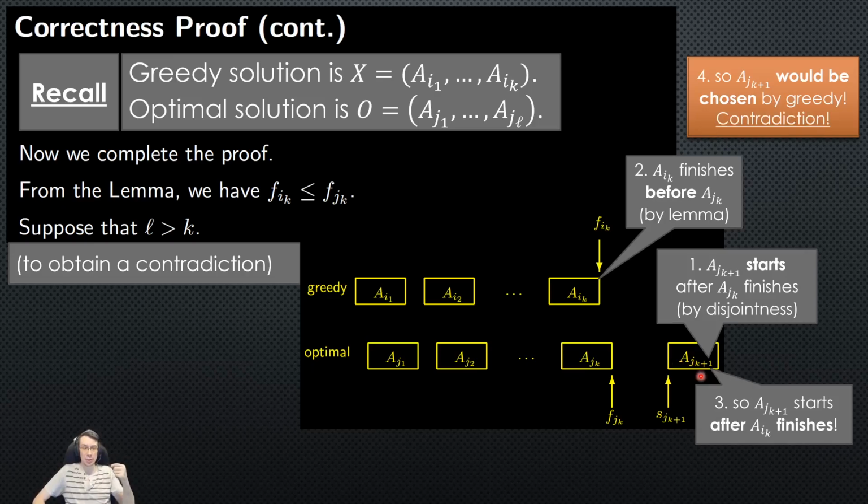This is a contradiction. The only thing we've assumed at this point is that L is greater than K. So the fact that we arrived necessarily at a contradiction means that the only thing we assumed, L greater than K, must be false. So L must be less than or equal to K. And of course, that tells us that this solution can't be better than X, our greedy solution. So our greedy solution is optimal. Okay, so that is our greedy stays ahead proof.